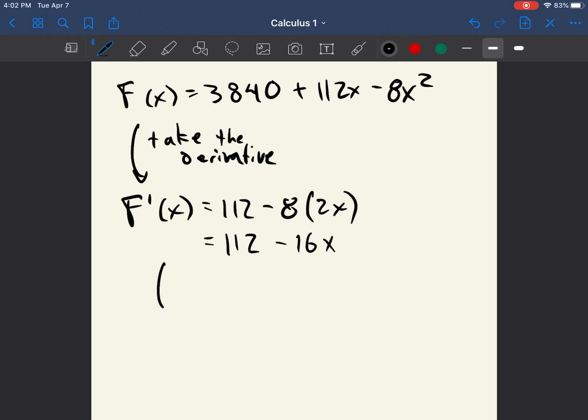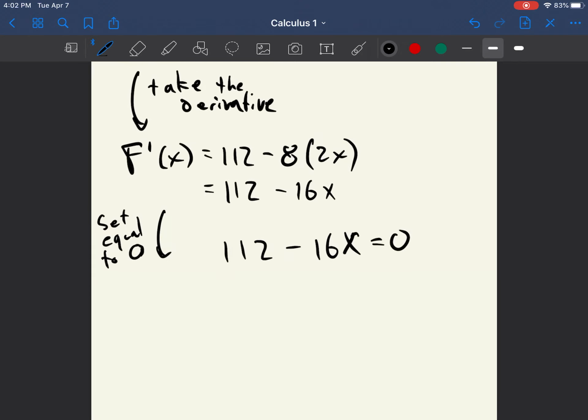Okay. The next step is setting this equal to 0 and solving, right? So we're going to do 112 minus 16x equals 0. So this is going to give me x equals minus 112 over minus 16. And if you punch that into a calculator, that is exactly 7.